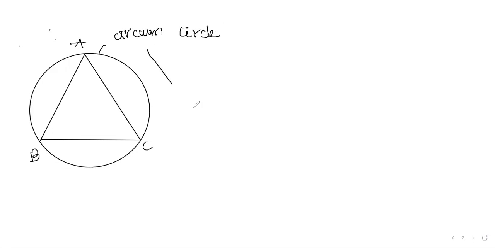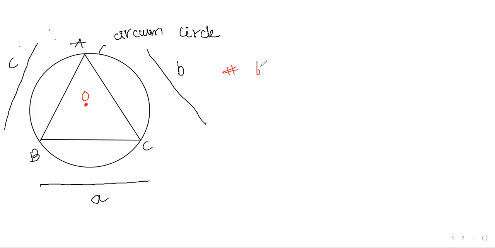Opposite to capital B is the length small b. Opposite to capital A is the length small a. Opposite to capital C is the length small c. And this is the center of the circle, O.